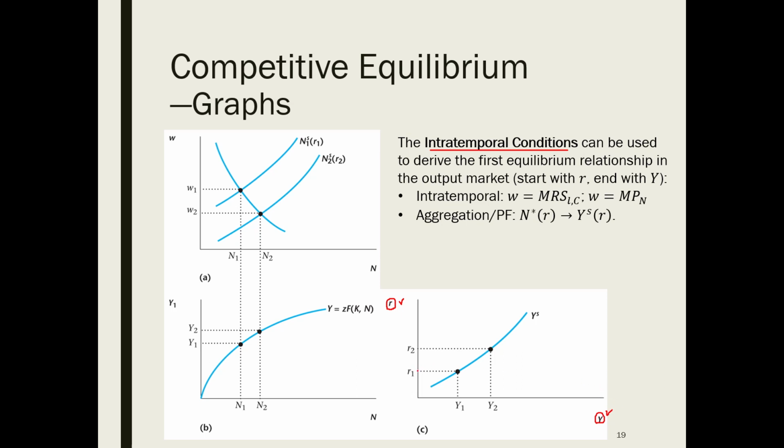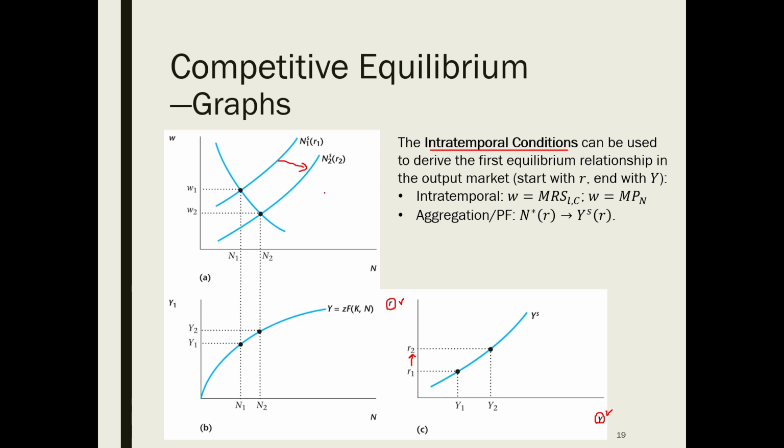Step 3. Start with a rise in the exogenous variable, interest rate R, from R1 to R2, for example. We have seen on slide 11 that a rise in interest rate will lead to a right shift of the labor supply curve due to the so-called intertemporal substitution effect.